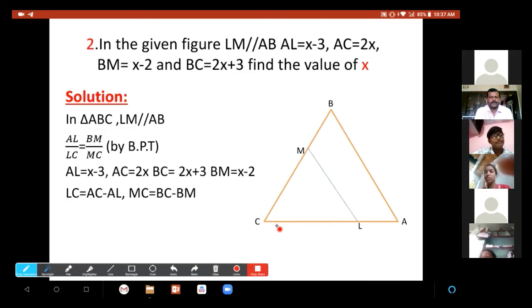To get this LC, take AC and subtract AL, cut this AL, and you get LC or CL. Same for MC: we know BC, and cutting BM, BC minus BM is equal to MC. So substitute those values.